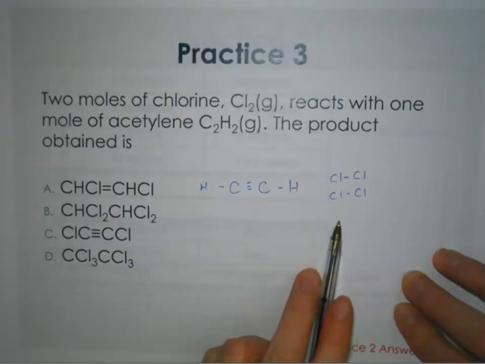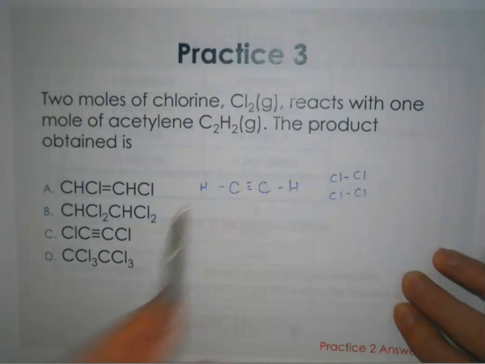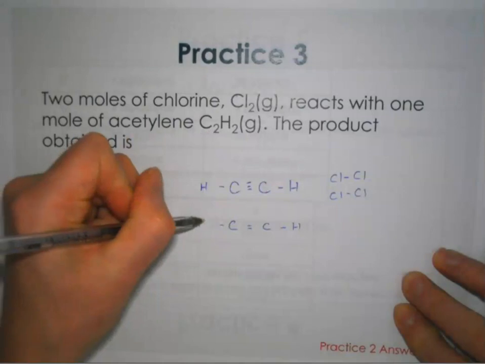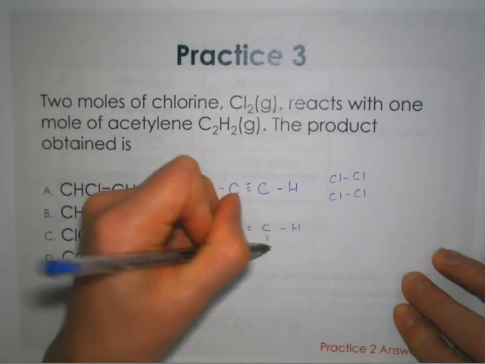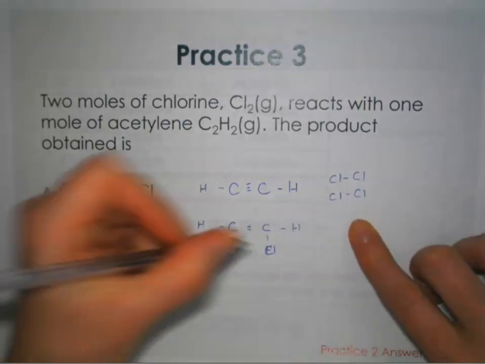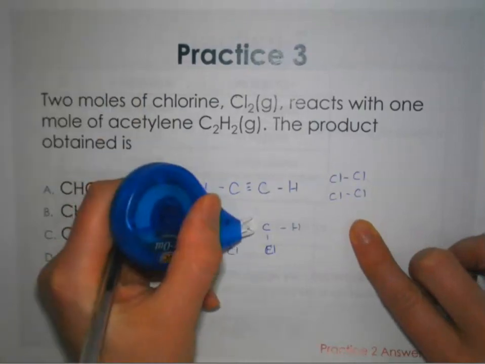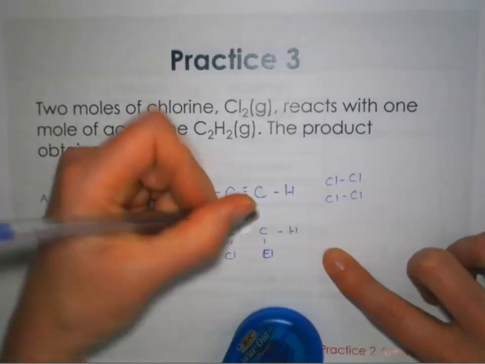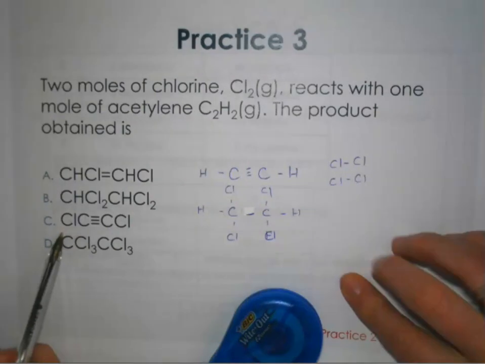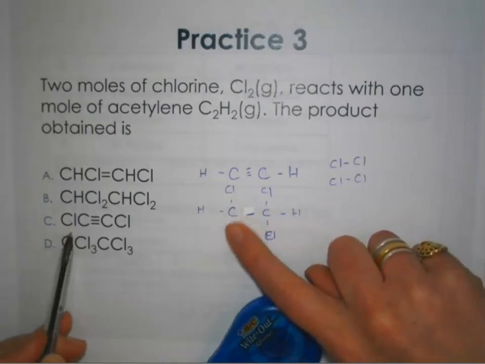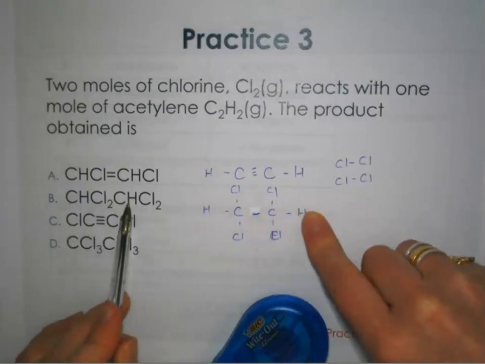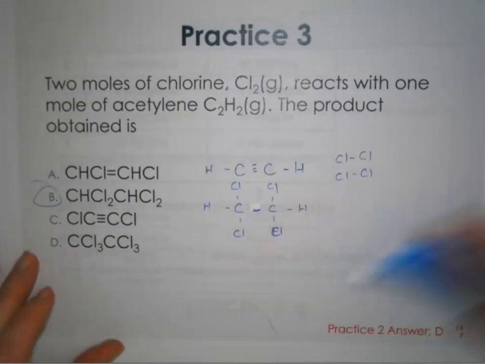We could break off one of these bonds and add chlorines, and then break the other bond by adding on the additional chlorines, making it down to a single bond. So we're going to have CHCl2, CHCl2. So answer B there.